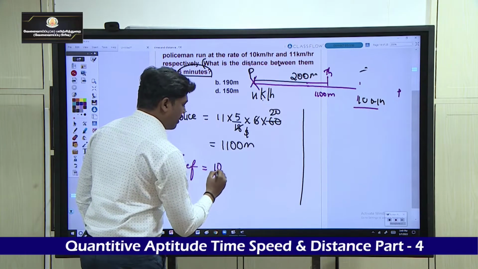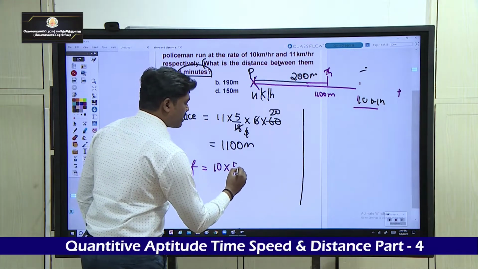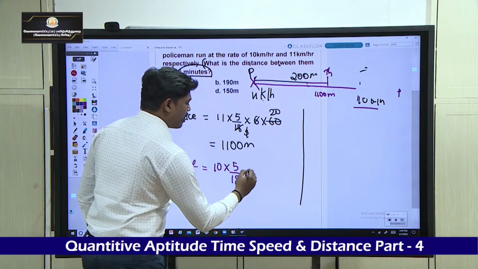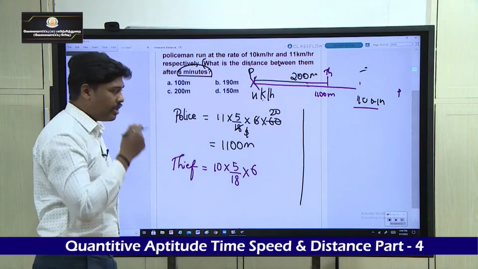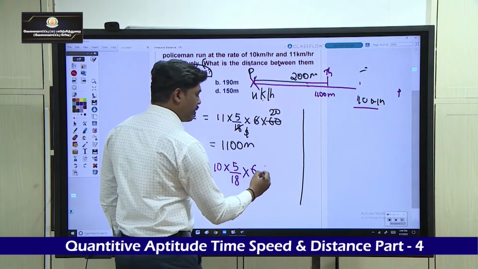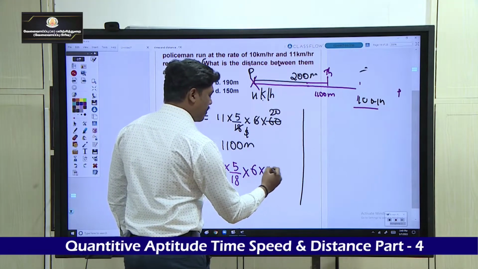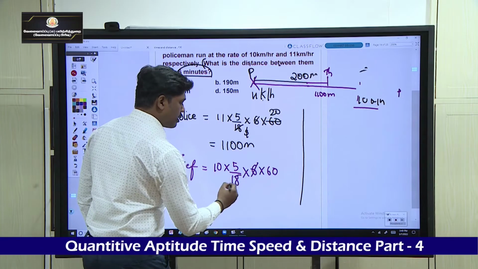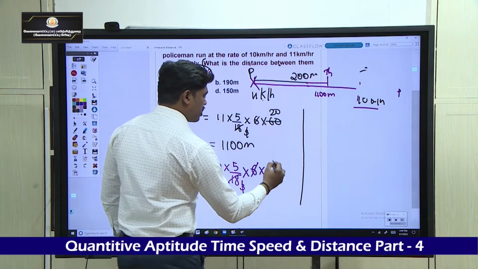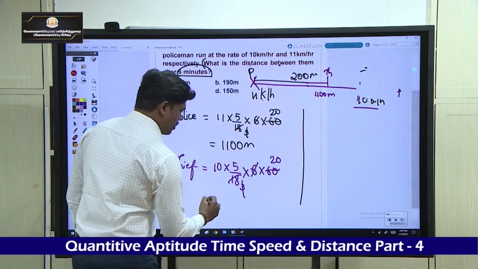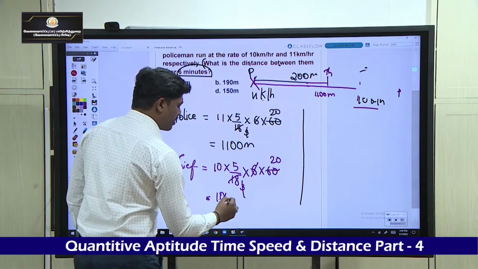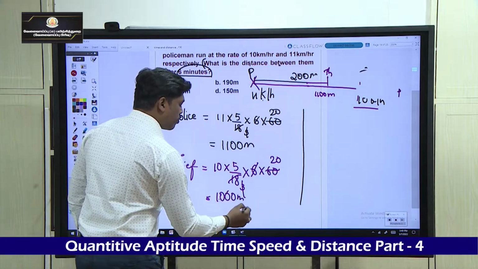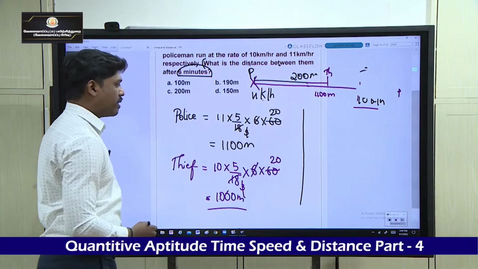Convert into meter per second by 5 by 18. For 6 minutes, what could be the distance travelled? 6 minutes converting into seconds, multiply by 60. 6 threes are 18, 3 twenties are 60. So, 50 into 20, you will be getting 1000 meters. So, the thief would be running 1000 meters.